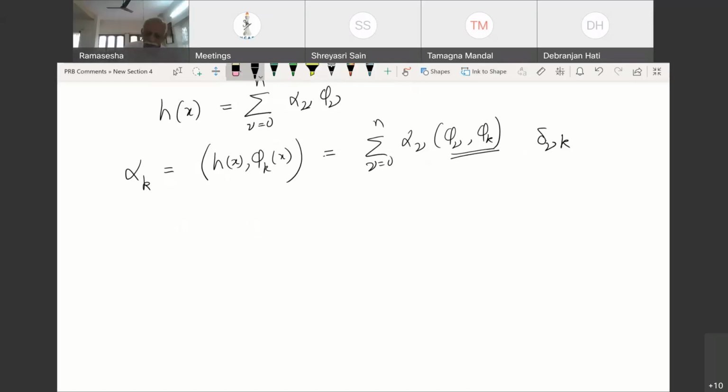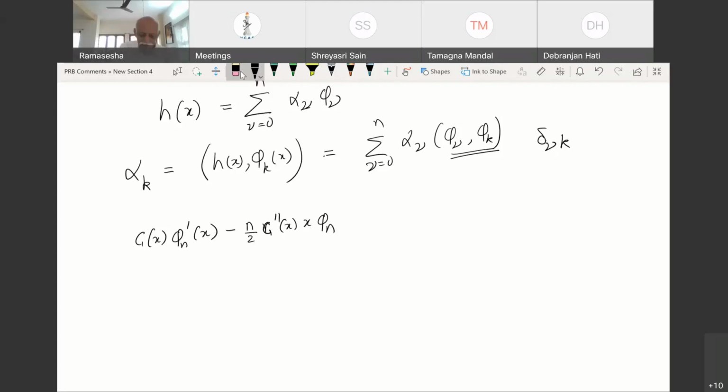So h(x) is g(x) p n prime x minus n by 2 into g double prime x p n. So this was h of x, right?